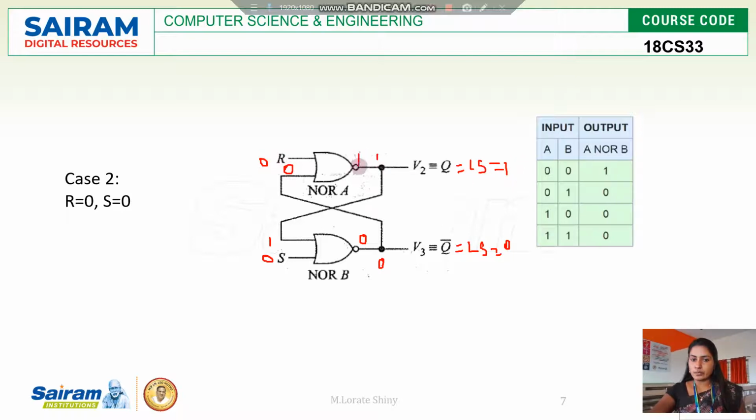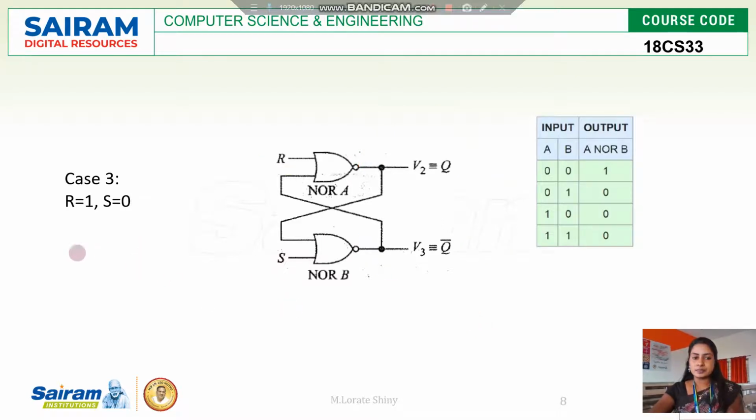So the new output is the previous output, equal to the last state. Here also, the new output and the previous output are both equal. So when both inputs are 0 and 0, we will get the last state as the current output.